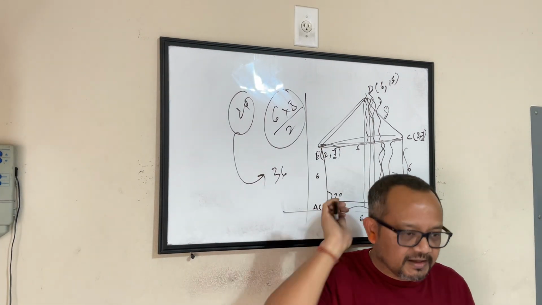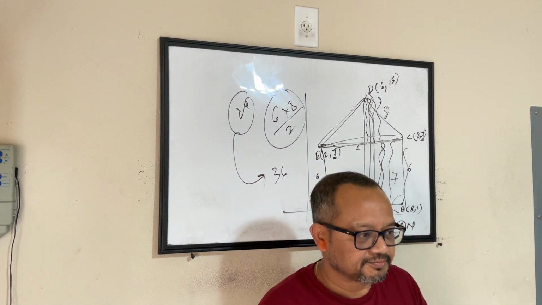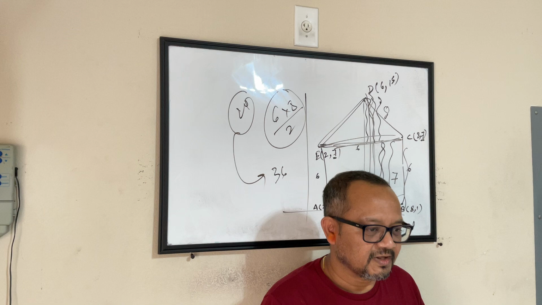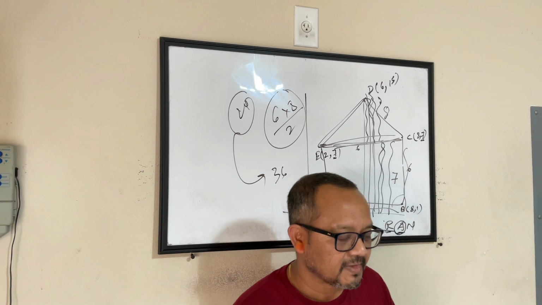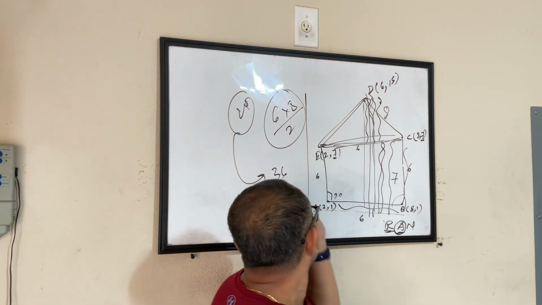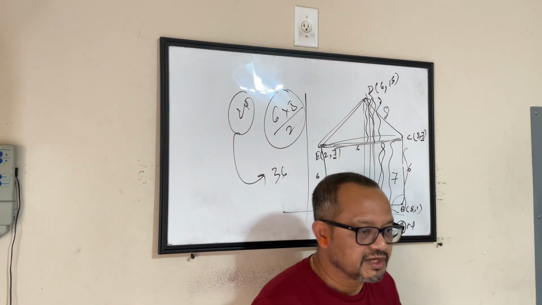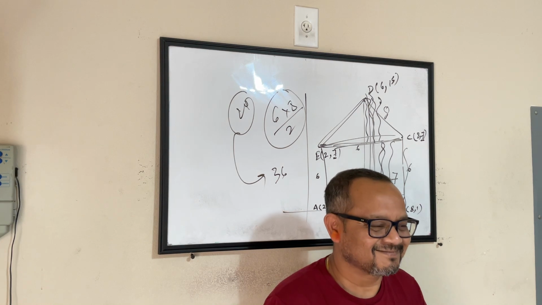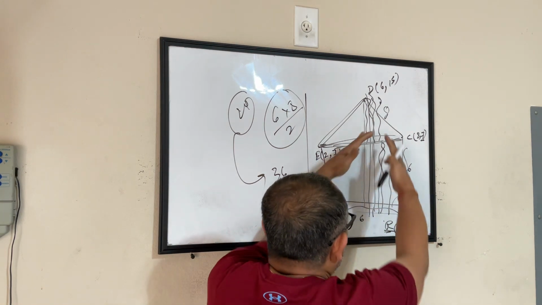So, yeah, Dikshita, you're saying something. What's the total answer here? 36 plus 24? 60? So basically, see, this is area, right?